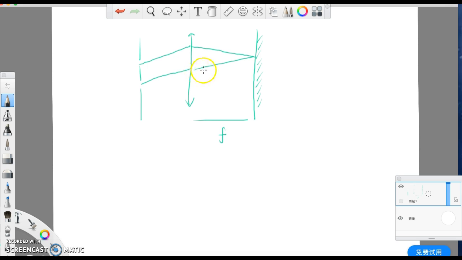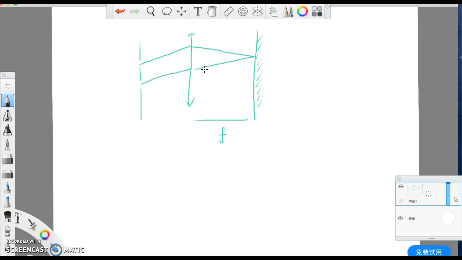So one of the questions that could be asked is: what does a lens have to do with Fraunhofer diffraction? The answer is that by placing the lens, you now have an exact Fourier transform.